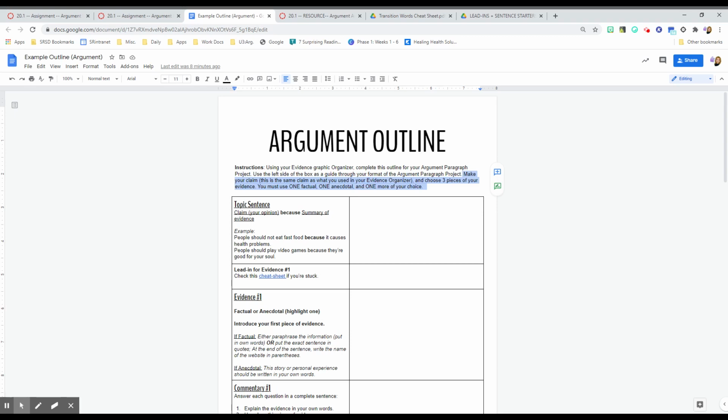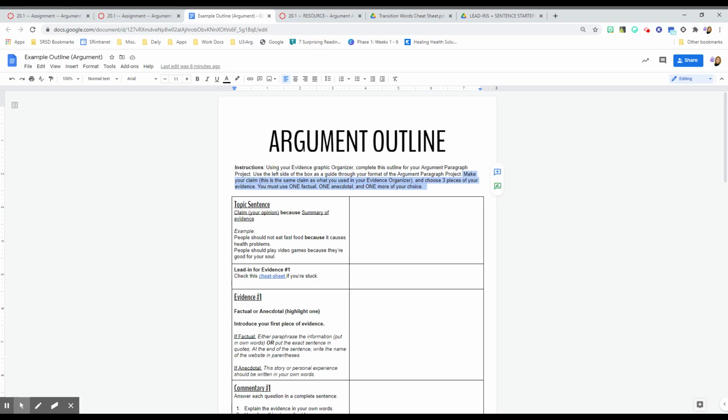Now, if you did not do the evidence organizer, this is going to be a little bit trickier for you because you're going to have to start from scratch with gathering your evidence. But if you do have your evidence organizer, you can transfer your evidence directly from your organizer over to this new outline.